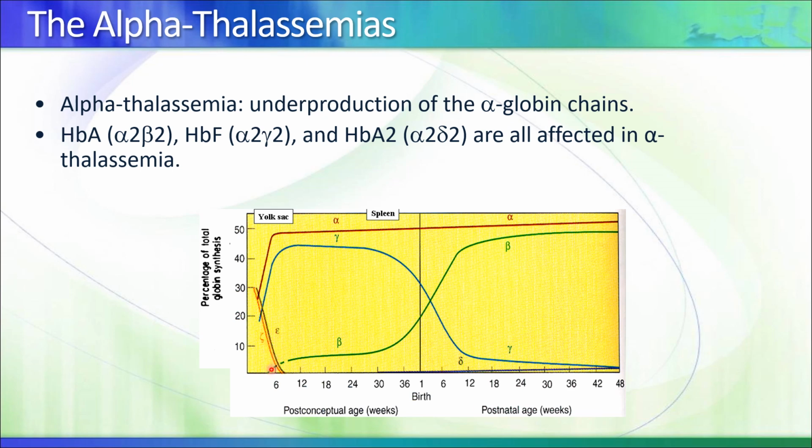On the other hand, the beta chain starts to be produced slowly in the early fetal stage, but there's a big jump right before birth. And it continues throughout life, again having equal quantities of alpha and beta.